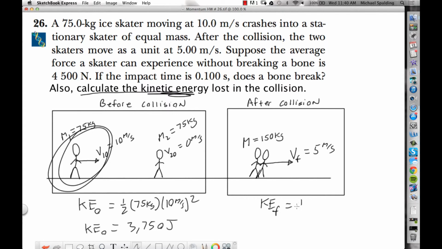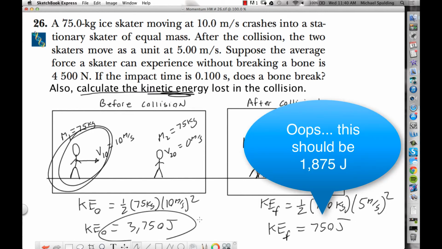Now, let's calculate how much kinetic energy we have after the collision. So we go 1/2 m. What's the mass after the collision? 150, because they combine together, right? The two become one. Okay, 150. And then the velocity after the collision is 5. You calculate this out. Kinetic final is 750.